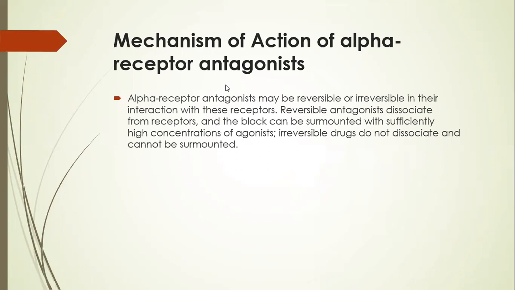Alpha receptor antagonists may be reversible or irreversible in their interaction with these receptors. Reversible antagonists dissociate from receptors, and the block can be surmounted with sufficiently high concentrations of agonists. But there are also irreversible drugs that do not dissociate and cannot be surmounted. So we have two different types of these alpha receptor antagonists.